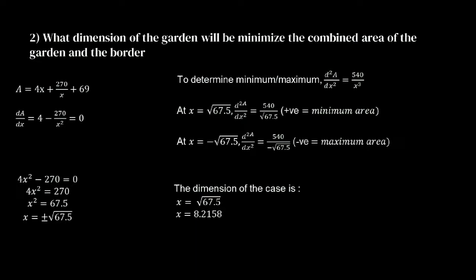So when x equal to negative square root, we got the negative value. So we know that this is the maximum area. So our objective is to find the minimum area. So x equal to positive square root 67.5. So that's all from me. We got to go to the next question.